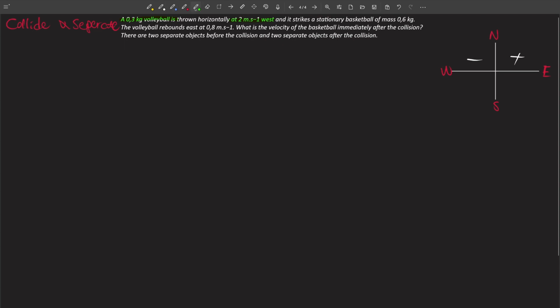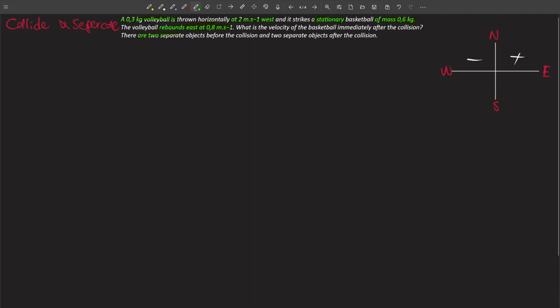It strikes a stationary basketball of mass 0.6 kilograms. This stationary already gives you the idea about the initial velocity. It means the initial velocity of this basketball is 0. The volleyball rebounds east at 0.8 meters per second. What is the velocity of the basketball after the collision?